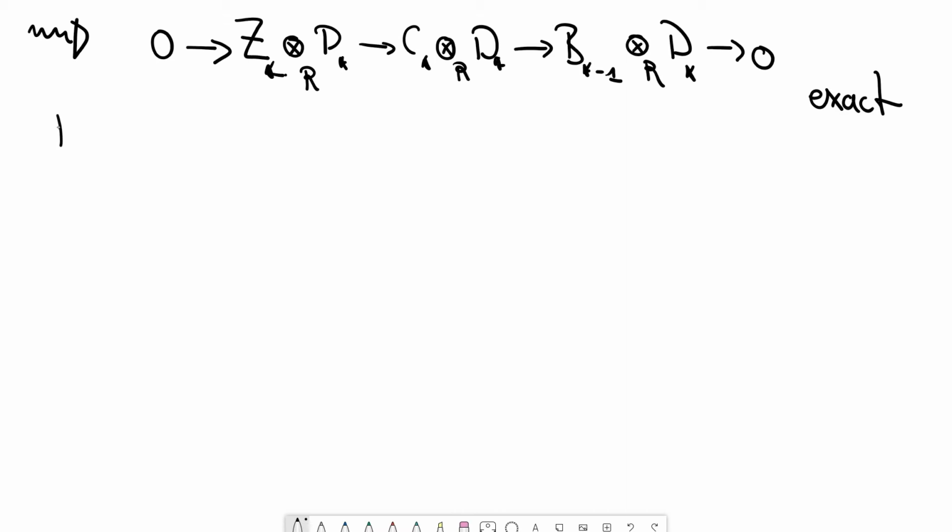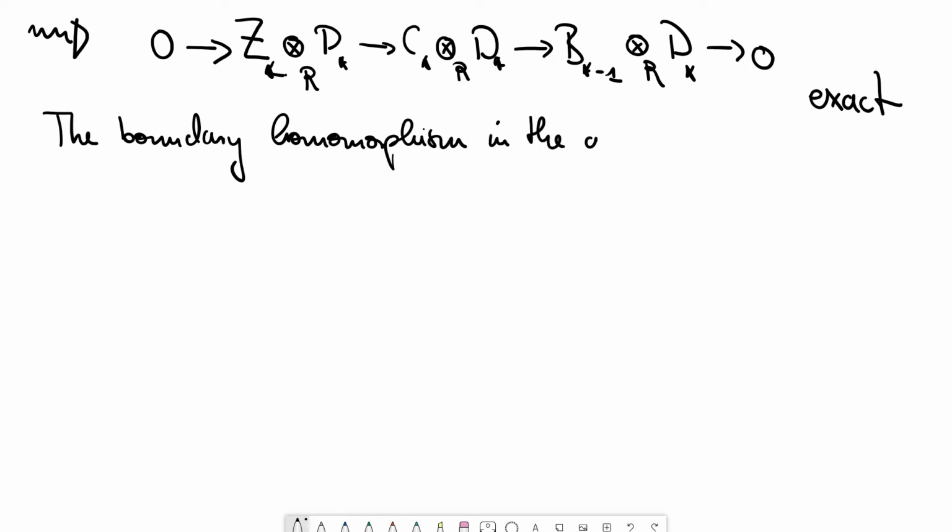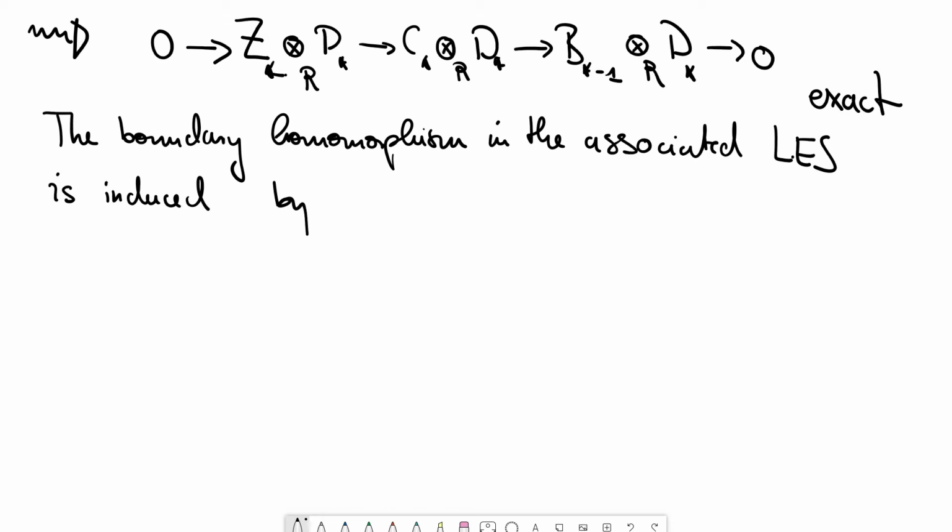So I'm claiming that the boundary homomorphism in the associated long exact sequence is induced by the inclusion of the boundaries into the cycles.